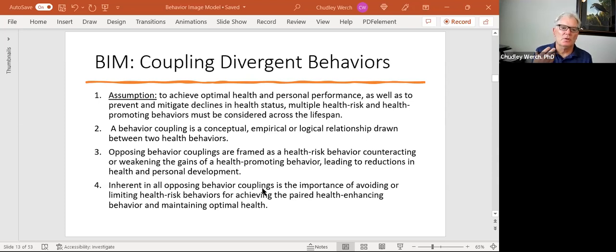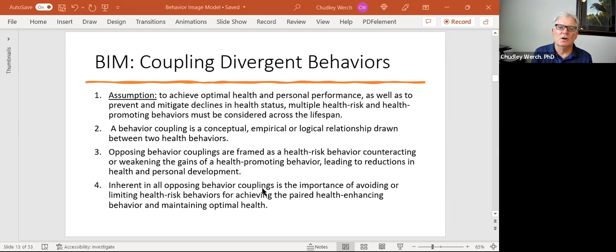So number two, behavior coupling is this comparison, either conceptually or empirically or just logically, drawing this relationship between two health behaviors. And the opposing behavior couplings are just what I said.